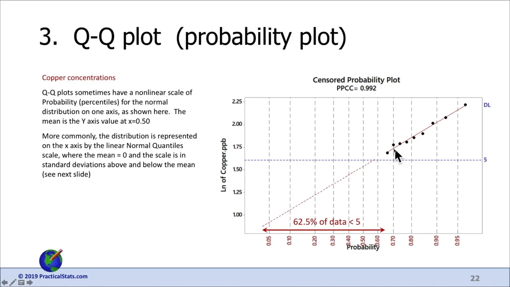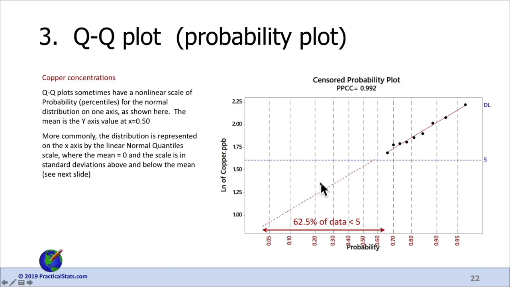What is plotted with censored data are the detected values, because those are the values we have concentrations for. Here on the y-axis we have the logs of those copper concentrations. We have space allocated for the percent of non-detects. Since there was one detection limit, it's a big gap here. There's 62.5%, going less than left to right, allocated to a space here.